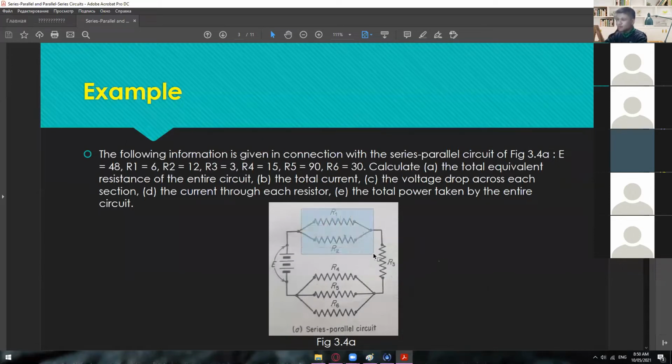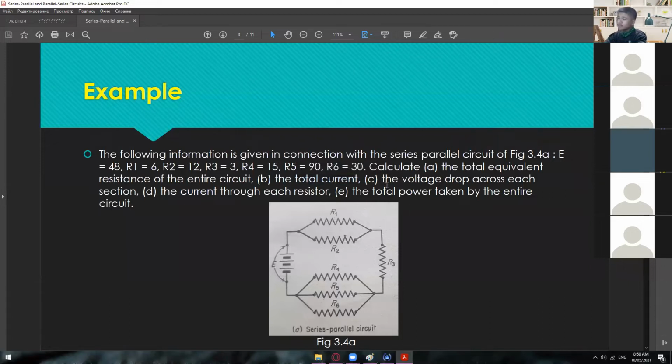But in here, we have to do some computation, the same with this one. So that's it for the letter A. And then for the letter B, the total current. So we have to get the total resistance first before we can get the total current. So again, if it's asking us to get the total current, then we should have the total voltage and the total resistance for us to be able to solve the total current.